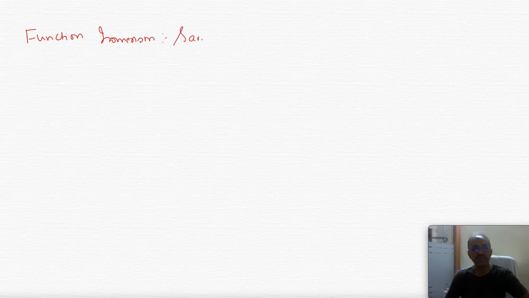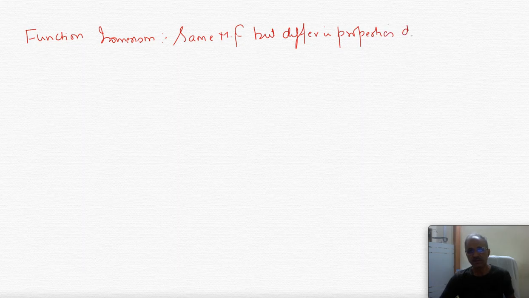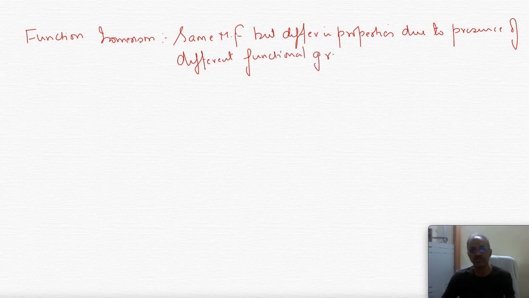As usual, compounds having the same molecular formula but differing in properties due to the presence of different functional groups. Right? Same molecular formula but differ in properties due to the presence of different functional groups.